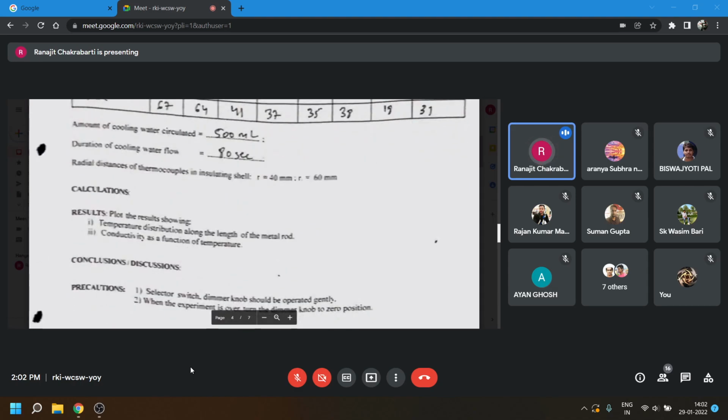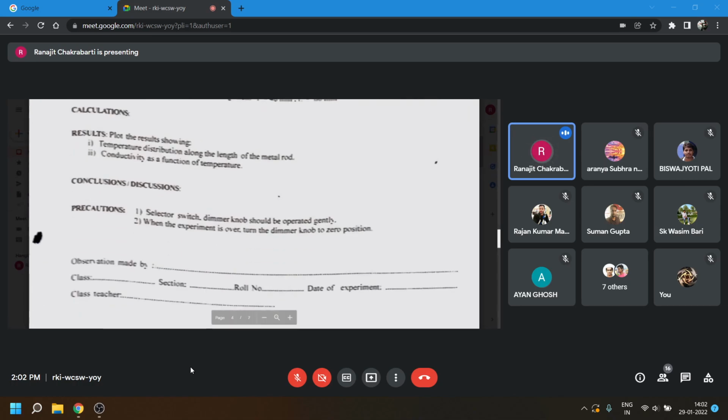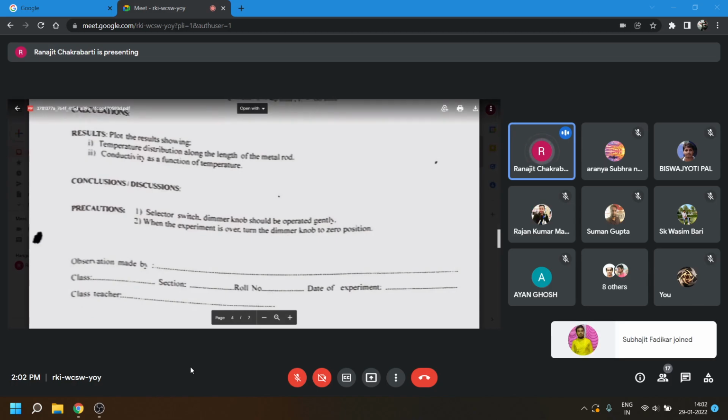Now you go to the sheets, plot the results. You have to give a sample calculation and plot the results showing temperature distribution along the length of the metal rod, and conductivity as a function of temperature. This is your task. You have to fill up all these things. Date, you have to give today's date.